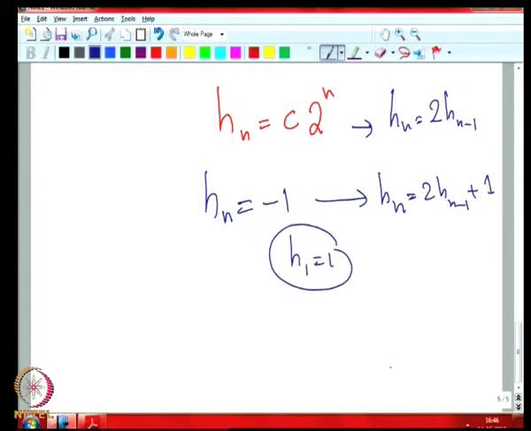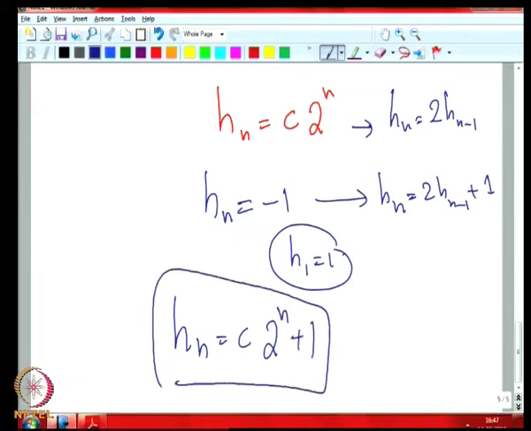To satisfy this also, right, what we should do is create another solution, namely we will add up these two. So, for instance, Hn equal to C times 2 raised to n plus 1, will this be a valid solution for the recurrence relation?